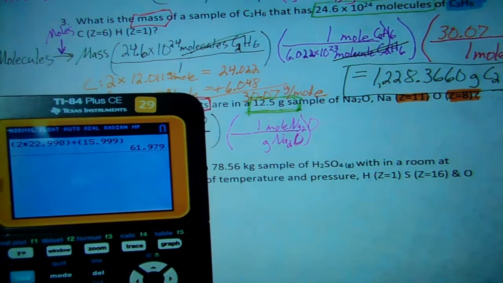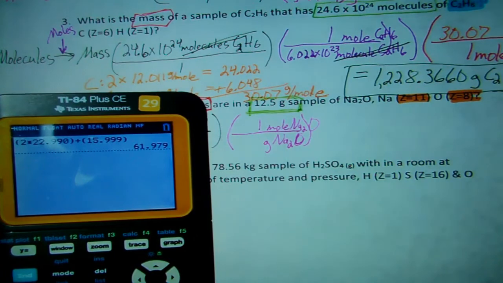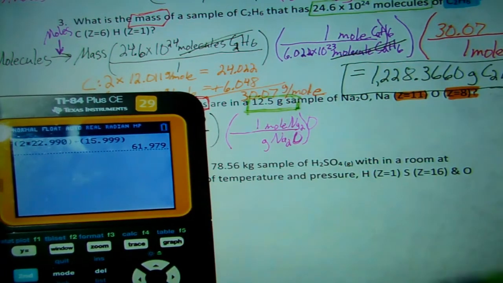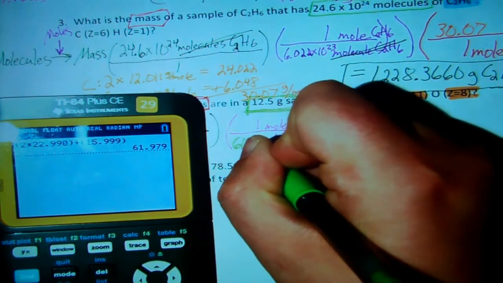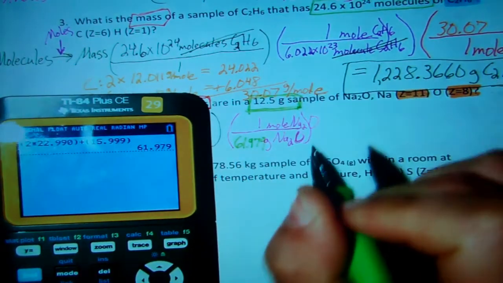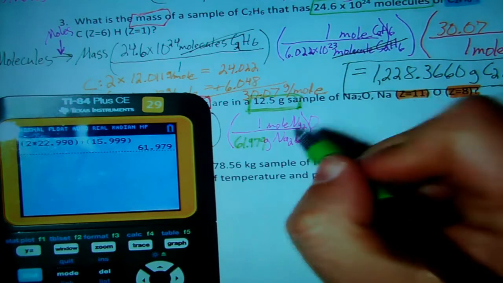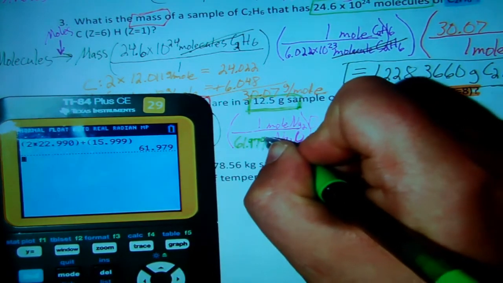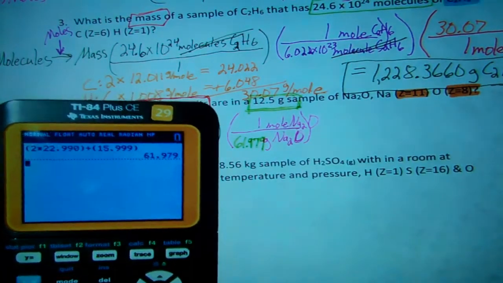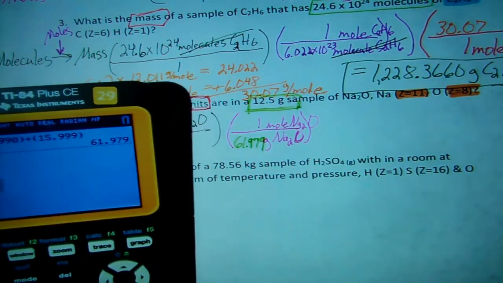I hit enter to give me that number. That number is what's going to be the key here. 61.979. I'm doing horribly at leaving myself room. All that is 61.979.